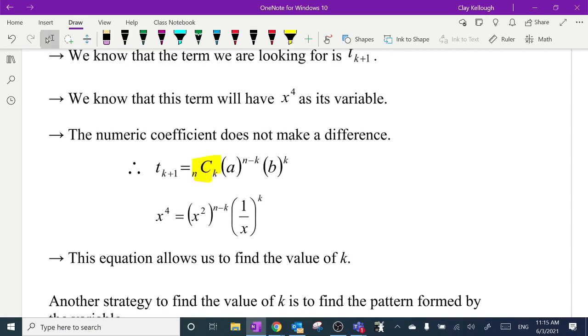Notice that this is basically exponential work like we did in the last unit. So here's the math on that, right? X to the power of 4 is equal to x squared to the power of n minus k. What do you do in exponents when you take a power of a power? Well, you multiply them together.